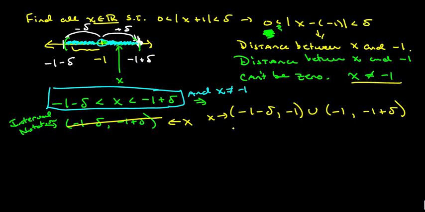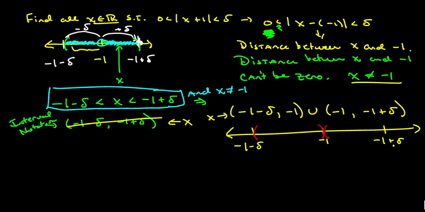If you draw a number line out, we have a left endpoint here at negative 1 minus delta. We don't include it. Then we go all the way up to negative 1, but we don't include that. And then we go from negative 1, again not including negative 1, up to negative 1 plus delta.